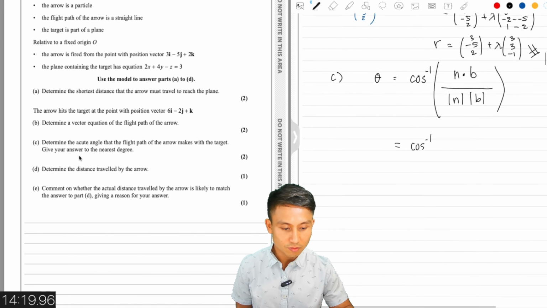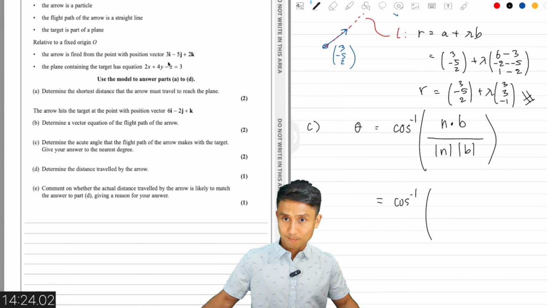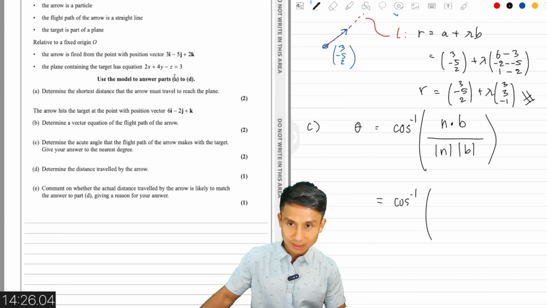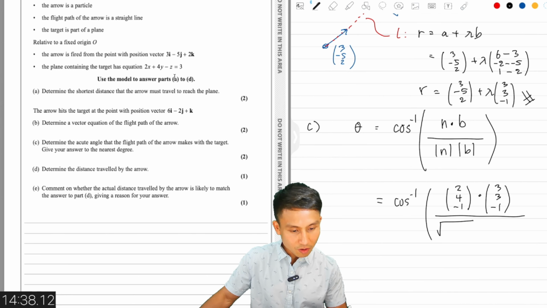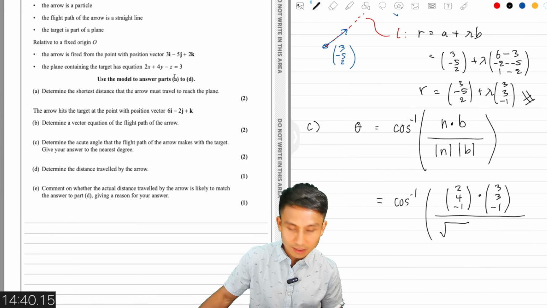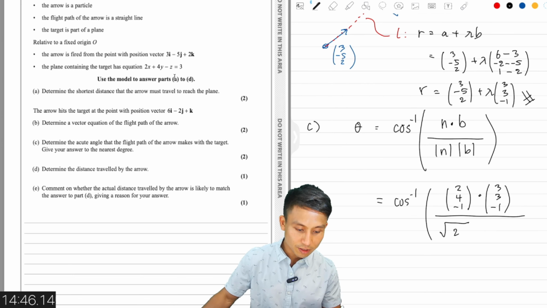So this is a dot product. What is n? n was 2, 4, and -1. That's the normal vector of the plane, and the direction vector is 3, 3, -1 from the previous part. And we already got the modulus of the normal vector: 4 plus 16, 20, 21, so root 21.